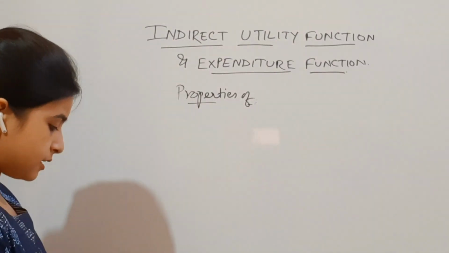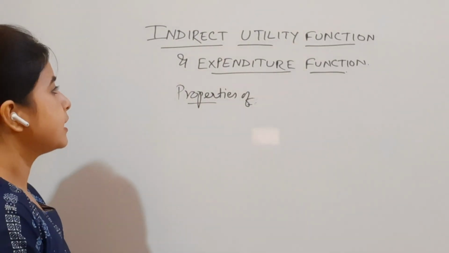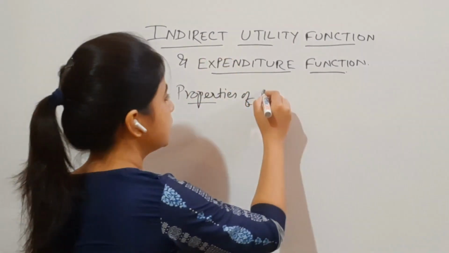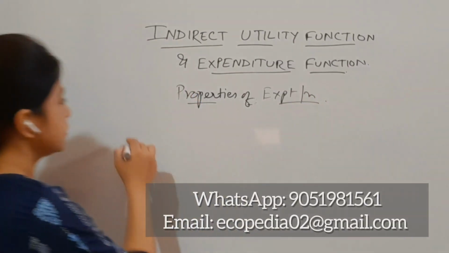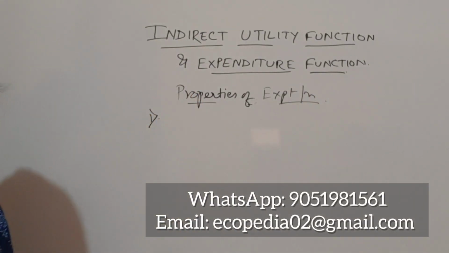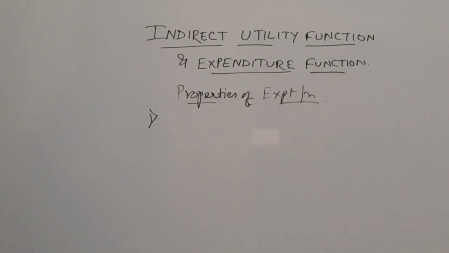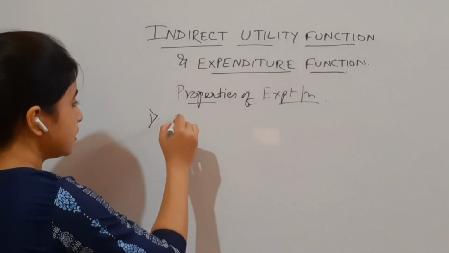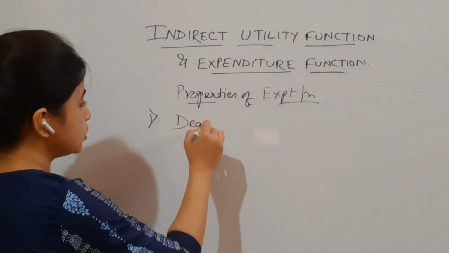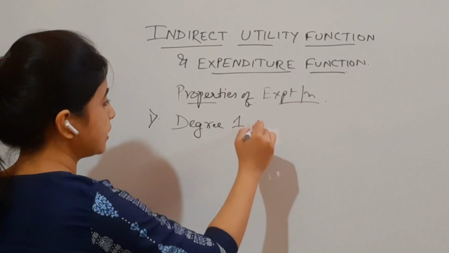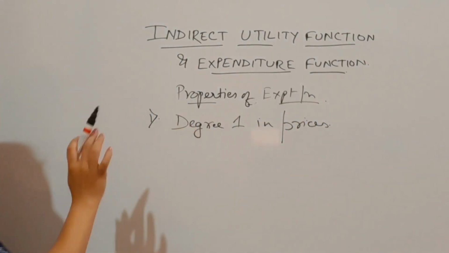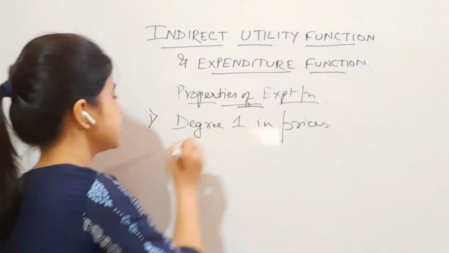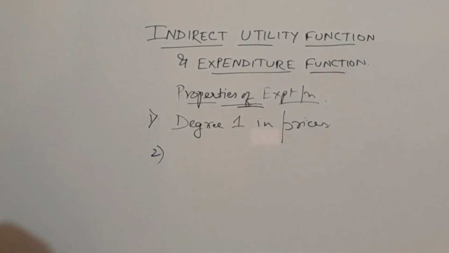So next, I am going to focus on the properties of the expenditure function. To start with, number 1 is that it is homogeneous of degree 1 in prices. The degree of homogeneity is 1 for the expenditure function.